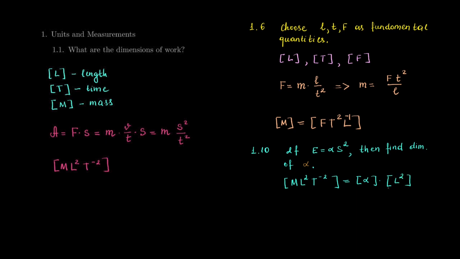Well, this L square and this L square, they will cancel, so dimensions of alpha is equal to m t minus 2.